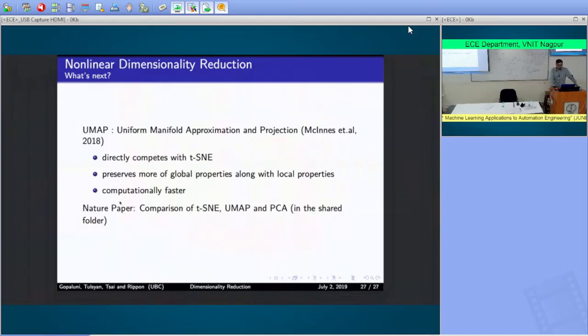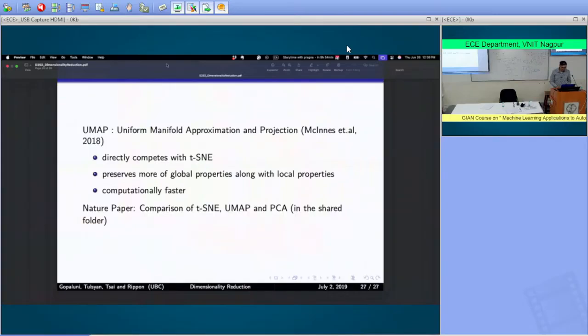They seem to work far better than PCA in many applications. Just like TSNE, it preserves global properties as well as local properties. It is computationally faster than TSNE. All right, so those are all the slides I have on nonlinear dimensionality reduction.